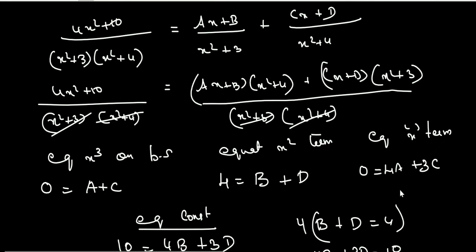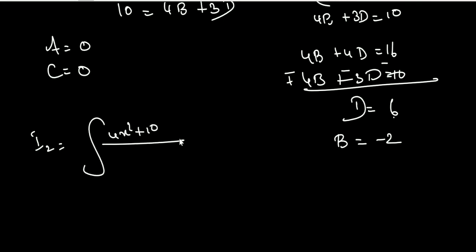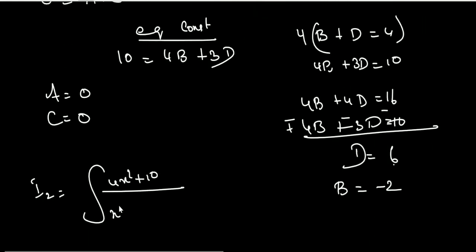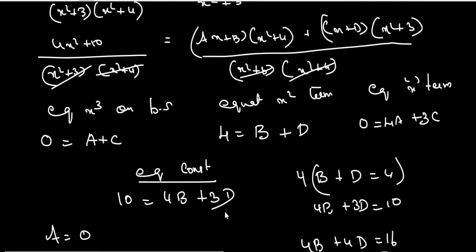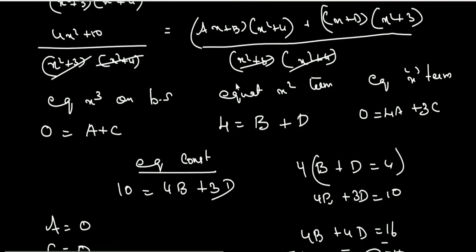So now we can substitute here. The integral I2 is the integral of (4x² + 10)/((x² + 3)(x² + 4)) dx, which equals the integral of (ax + b)/(x² + 3). a is 0, so you have only b, and b is minus 2.